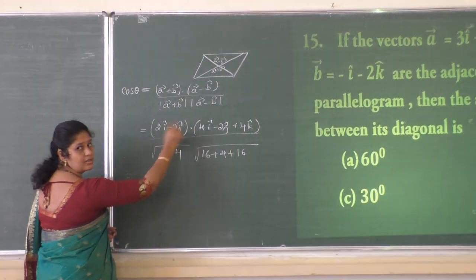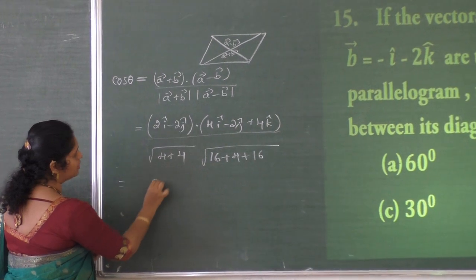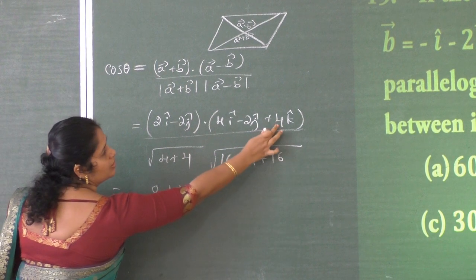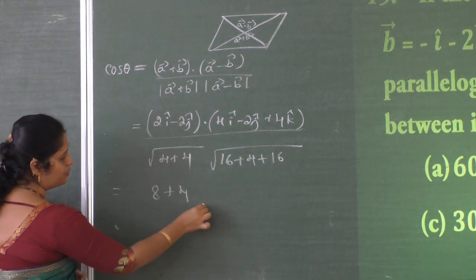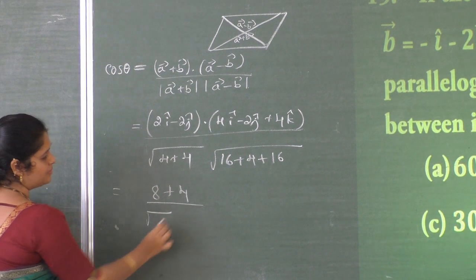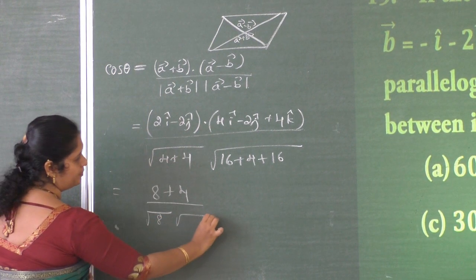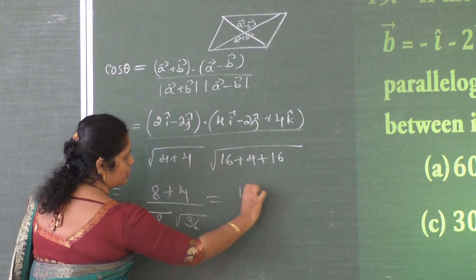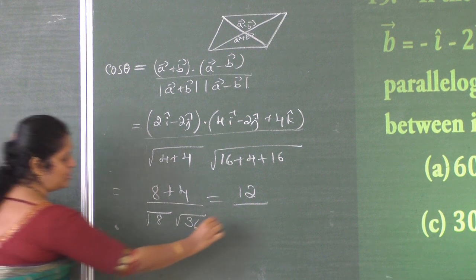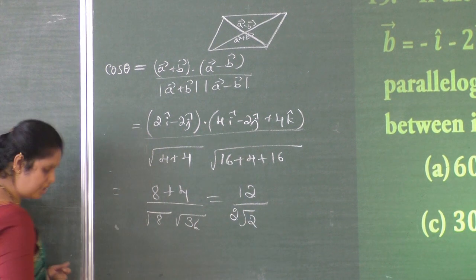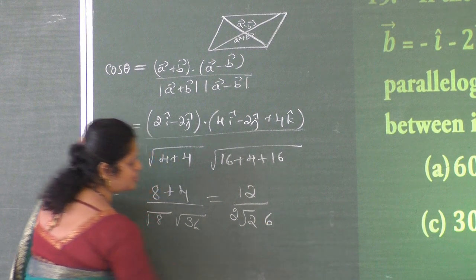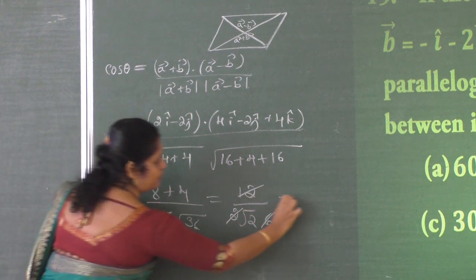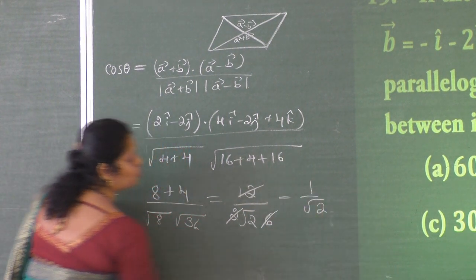Now multiply these two vectors, that is equal to 8, then plus 4 into 0, that is plus 0, 8 plus 4, by root 8, root 36. 12 divided by 2 root 2 into root 36, which is 6. So 12 cancelled, answer 1 by root 2.